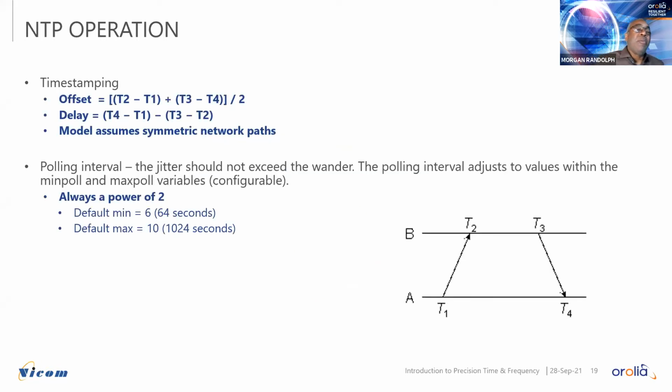So NTP operation provides time stamping. You can see the offsets, you can see the delays. This model assumes a symmetrical network path. So in a data center, you can get those offsets and delays easily.